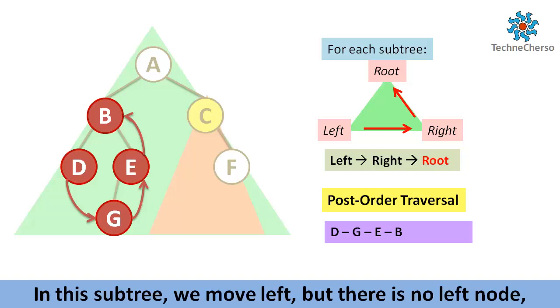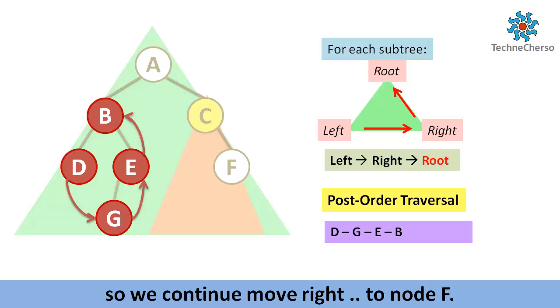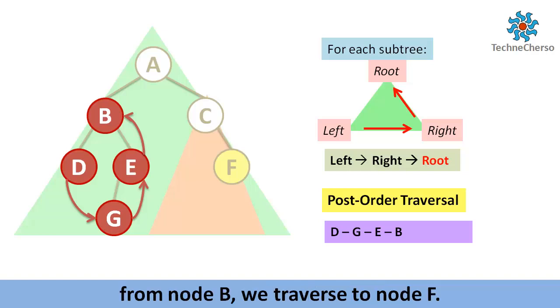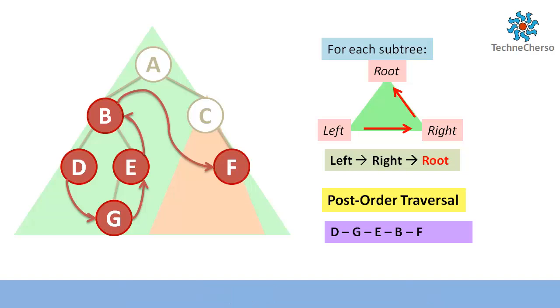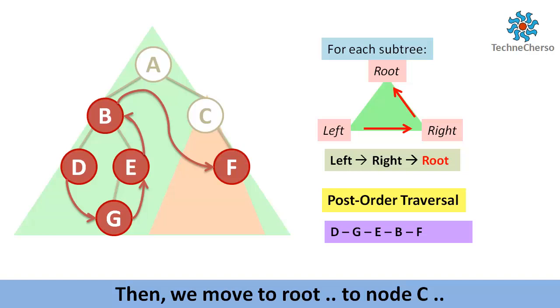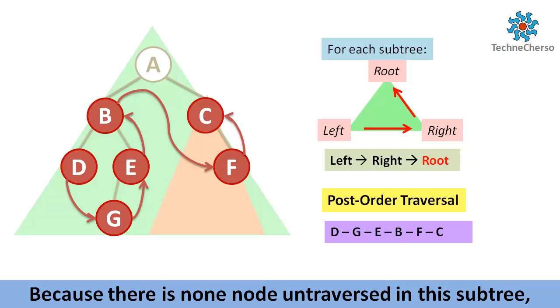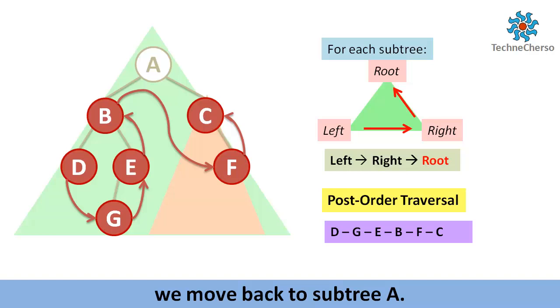In the subtree, we move left, but there is no left node, so we continue move right to node F. Because node F is left node, from node B we traverse to node F. Then we move to root to node C, and from node F we traverse to node C. Because there is no node untraversed in the subtree, we move back to subtree A.